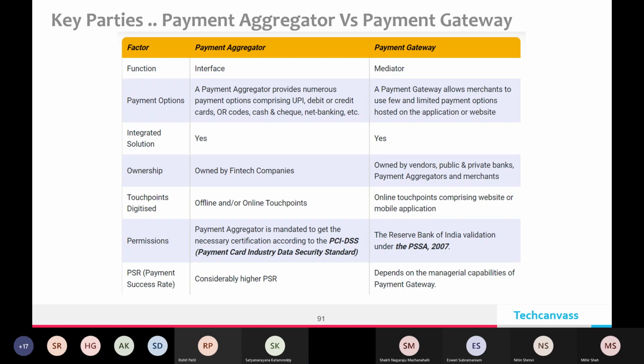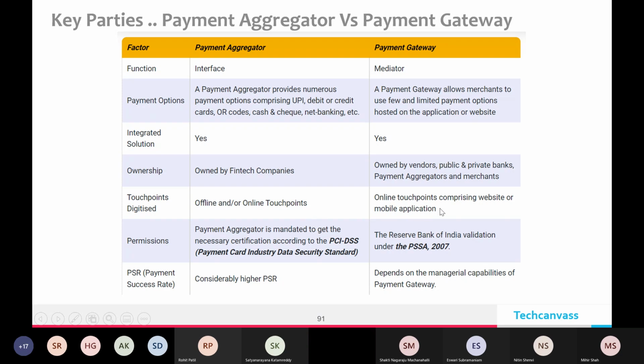They also do settlement activity. They also do the sanctions list verification. They do multiple activities and make the process much simpler for the vendors and the merchants. They digitize touch points, offline touch points as well as online touch points, which means POS transactions as well as card not present transactions.